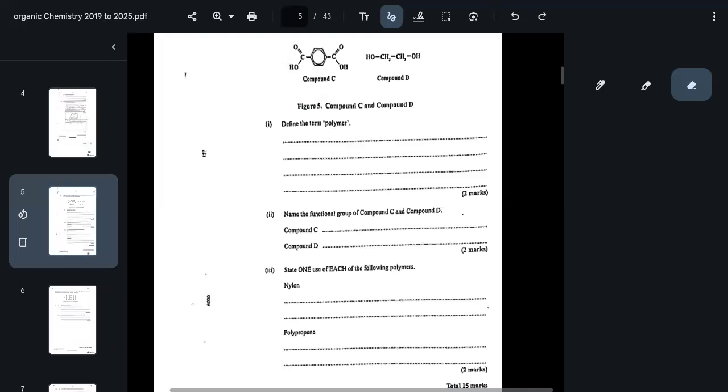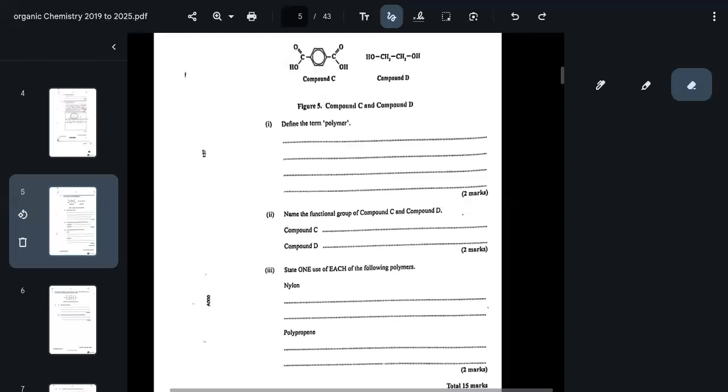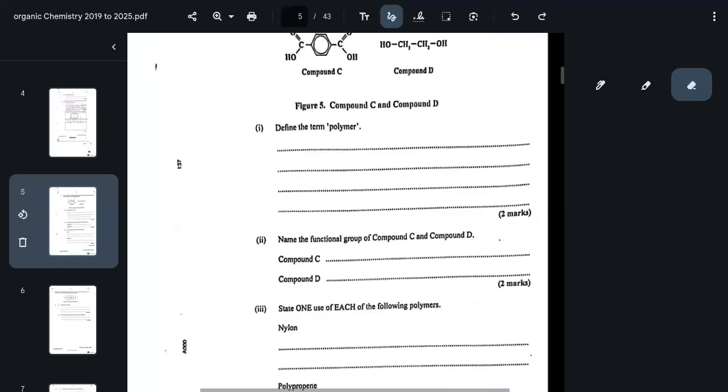All right, so when it comes to polymers, before this, we would have been looking at simple organic compounds. But when it comes to polymers, it is referring to very large compounds, what we call macromolecules. All right, so polymers are large.